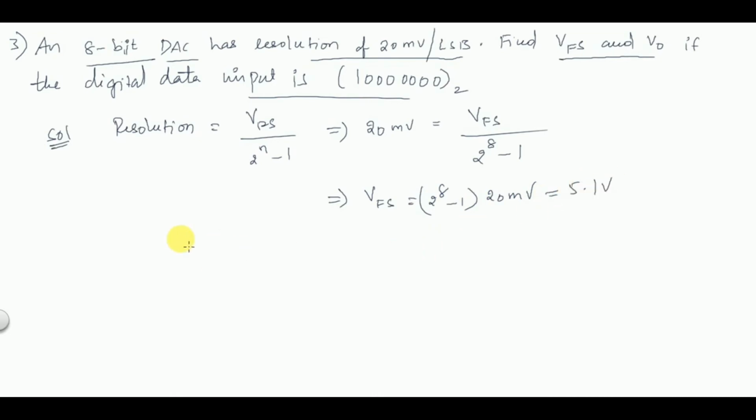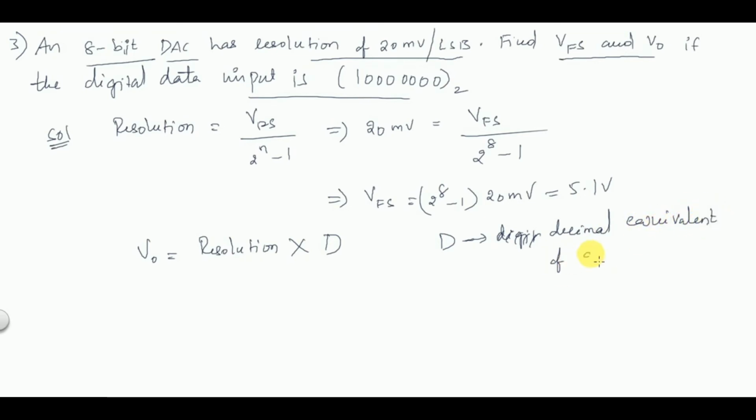Okay, so for the digital data, what is the output voltage? Output voltage in terms of resolution for a given digital input is given by resolution into D, where D is the decimal equivalent of the given digital input.